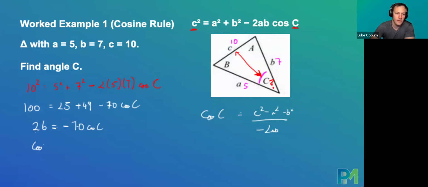So it tells us that, sorry, what did I do wrong here? It's 2ab, 5, 7, 10.